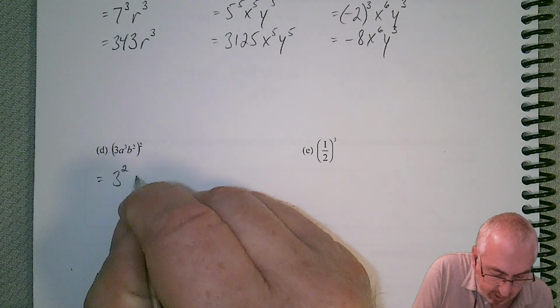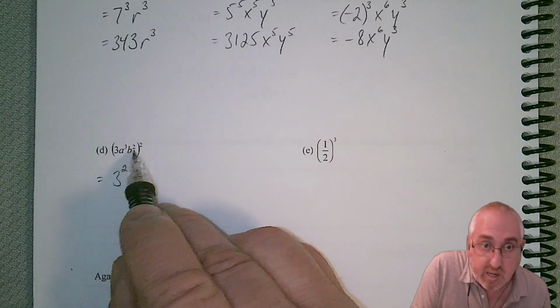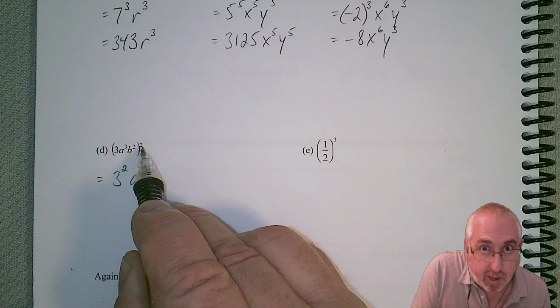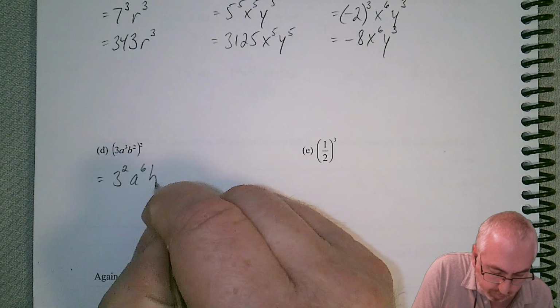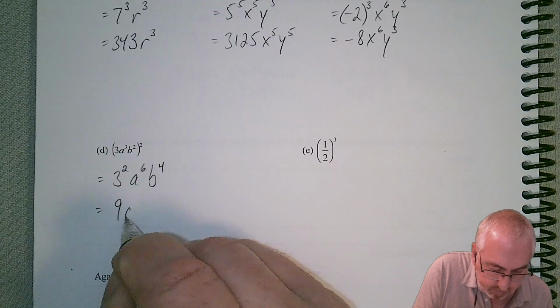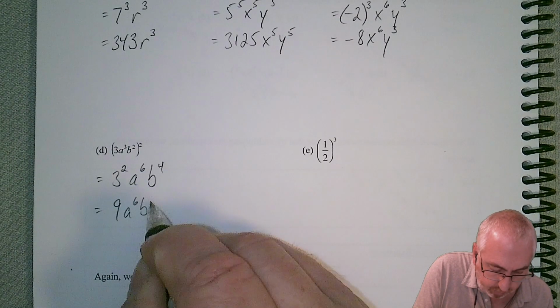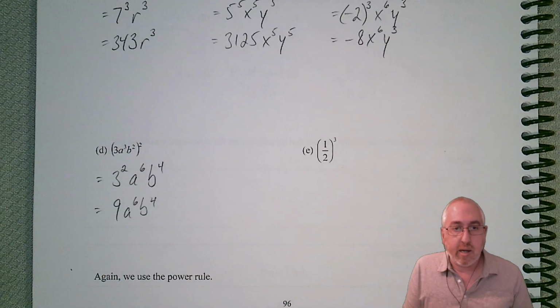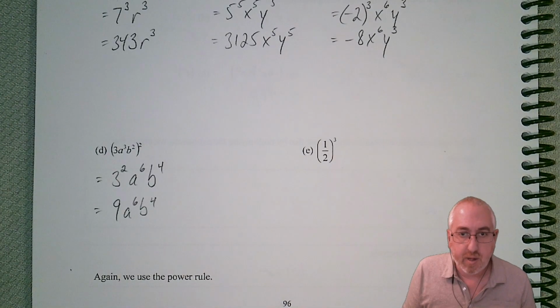So it's going to be a to the 6, b to the second, again, multiplied by the 2, so b to the 4th. And the other rewrite for it, 9a to the 6, b to the 4th.